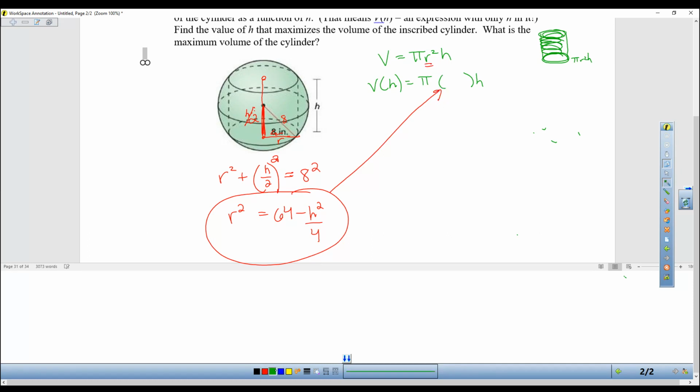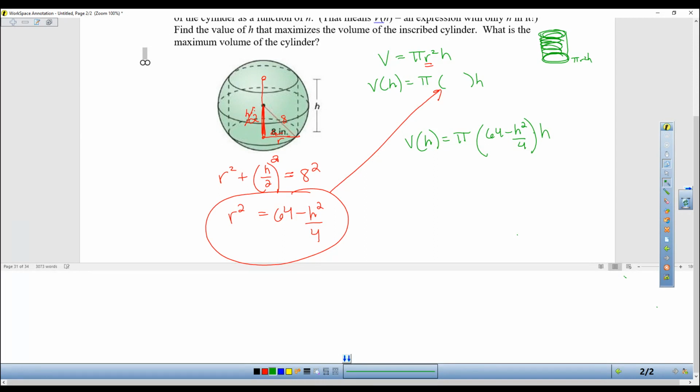And now my new equation with only h's in it is pi times (64 minus h squared over 4) times h. Now if you're going to do this on your calculator anyway, then there's really no need to multiply it out at all. You could just type it into your calculator just like that.